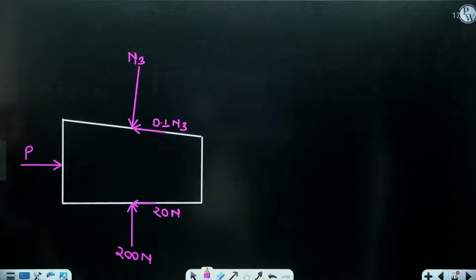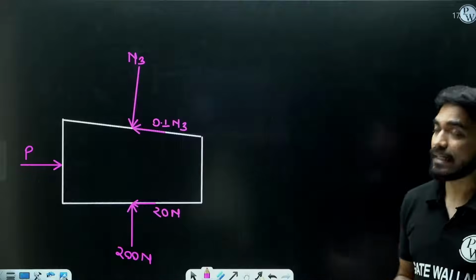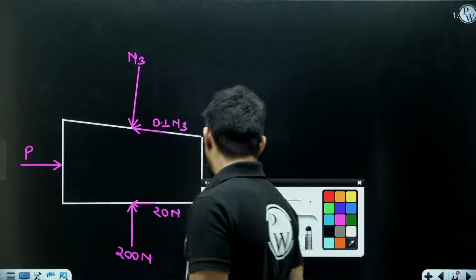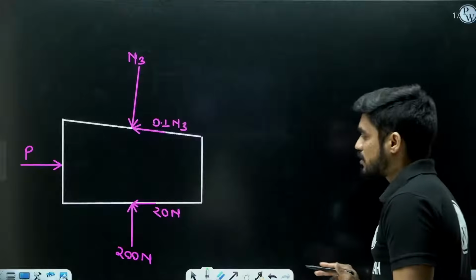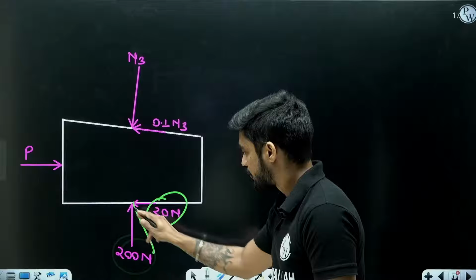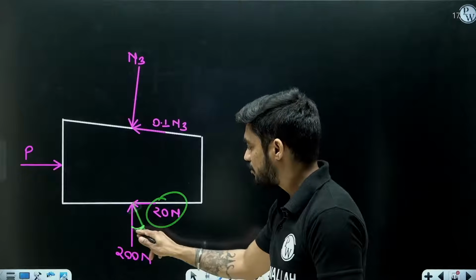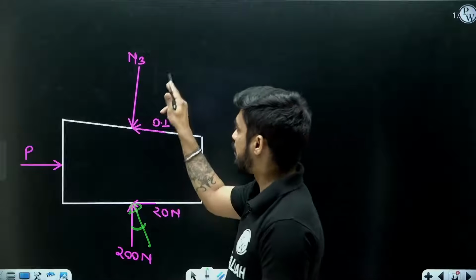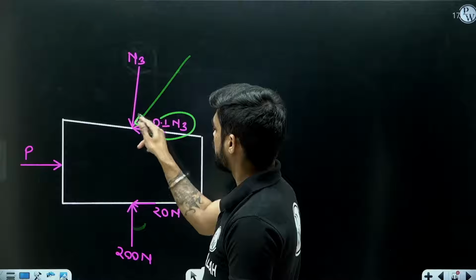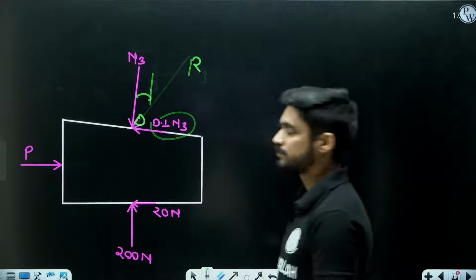Yes. Now again you have two choices. You can either use summation of Fx and summation of Fy, or you can use Lami's theorem. If you are using Lami's theorem, you will have to find the resultant of 220. Okay, and it will be at phi angle with 200, and then you'll have to also find resultant of N3 and mu N3. Okay, it will be at an angle phi.